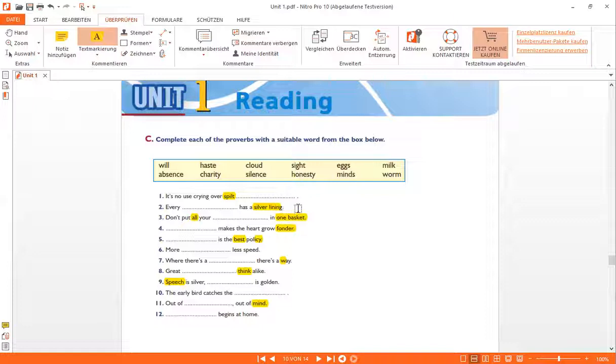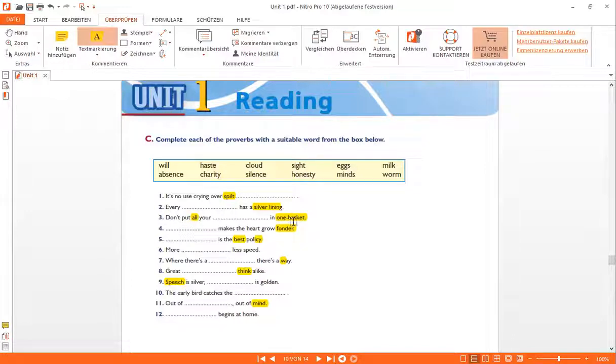So it's pretty much like saying a light at the end of a tunnel. Basically, don't think every problem is only a problem. It's a problem, but at the end there is a way out, and there's a positive aspect to it.